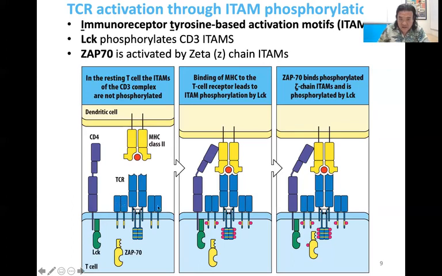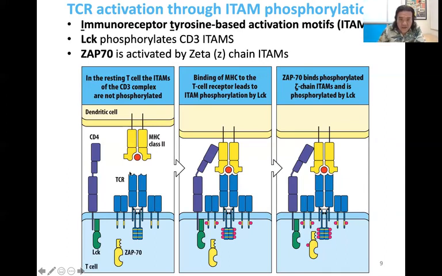On either side, we have these CD3 proteins, and then we also have this zeta chain protein. These proteins have substantially more cytoplasmic domain in them. And importantly, they have these amino acid sequences that are represented in yellow here. These different yellow stripes are what we call ITAMs, right? ITAM stands for immunoreceptor tyrosine-based activation motifs.